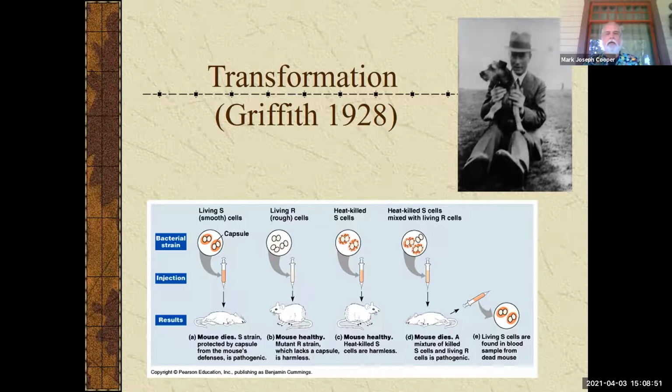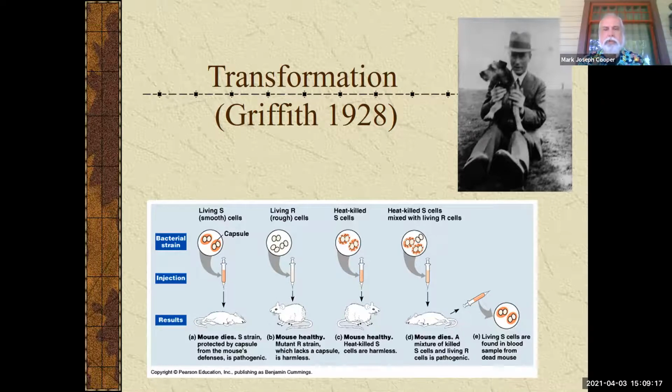And then where he got really smart, and where he is well known for, is what he did then is he took the living R strain and exposed it to not the living S strain, but the heat killed S strain. So these things are dead. They don't have the ability to kill anymore.